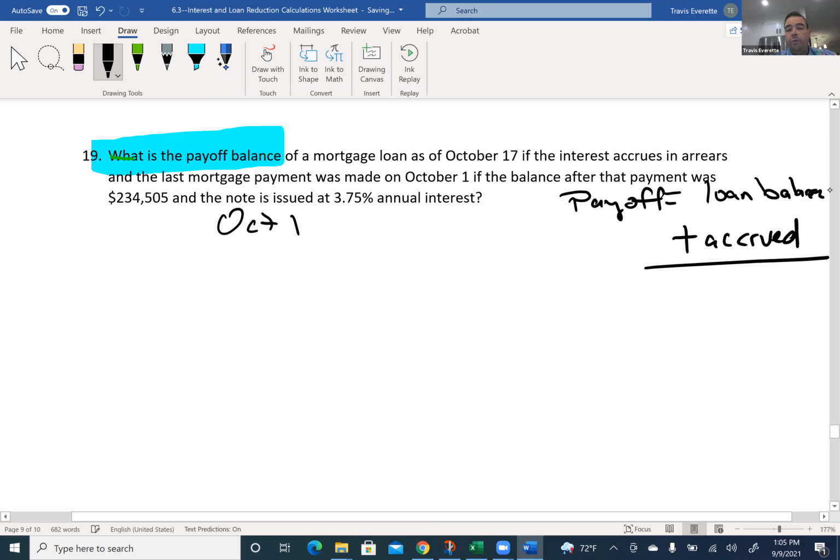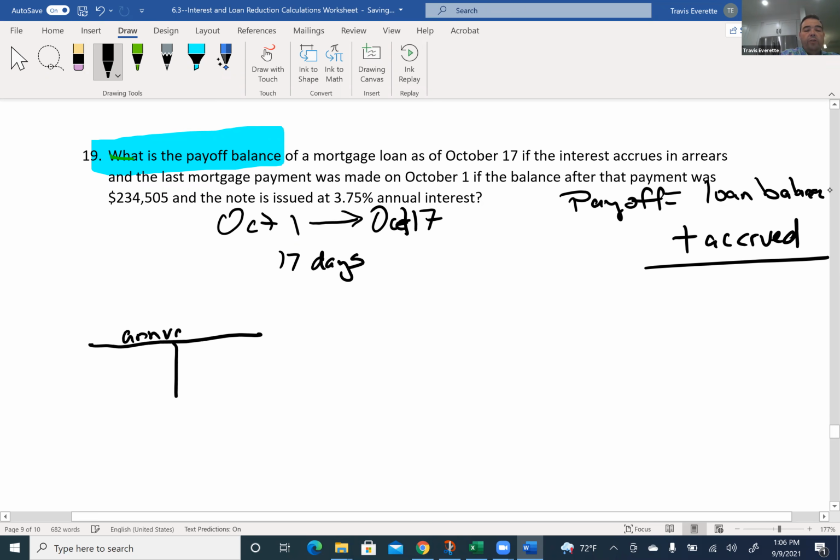That's what we're going to be dealing with here. So we know the accrued interest is going to start on October 1 and it's going to go through October 17th. So that's 17 days. Remember, you don't need to do the +1 when you're doing accrued, just with interim. So 17 days. Well, let's take a look at our annual interest on this thing.